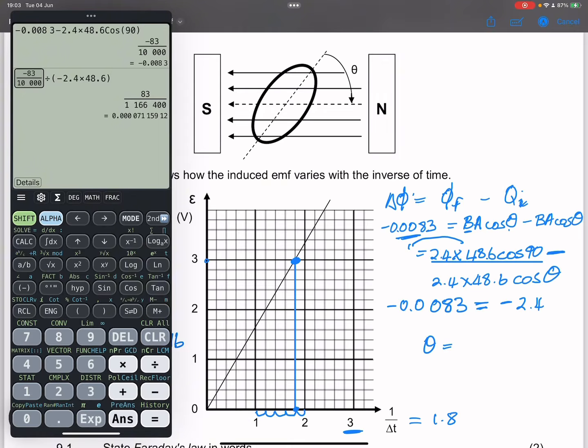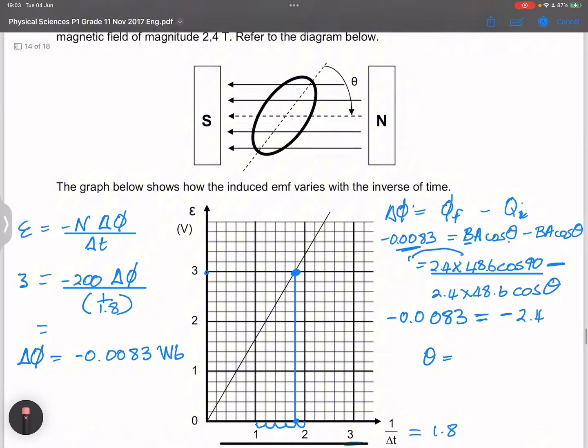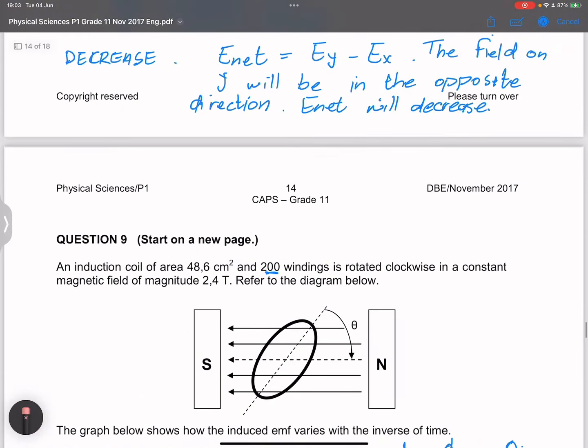I was supposed to change that to meters, right? So we're supposed to change that to meters cubed. So remember that centimeters, this is 1/100th of a meter.